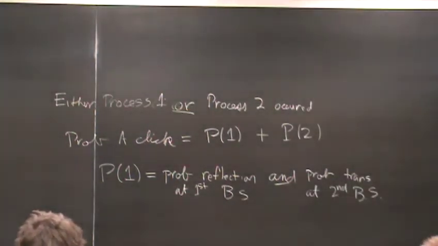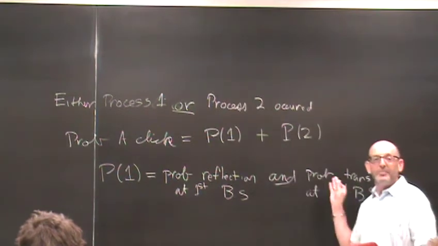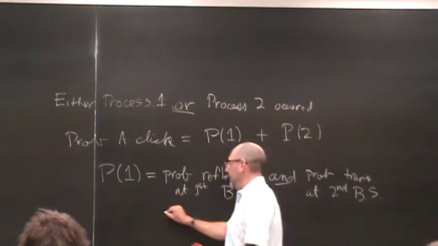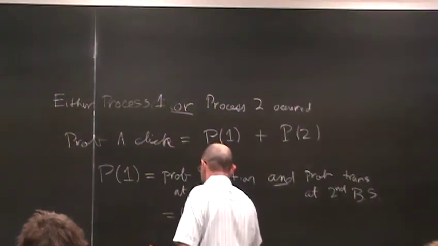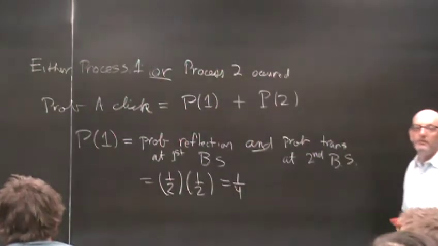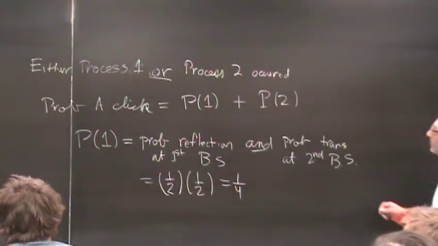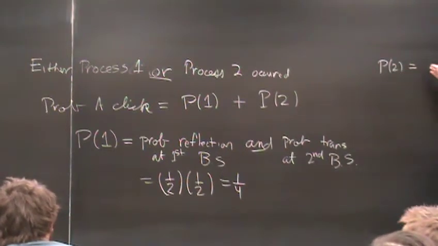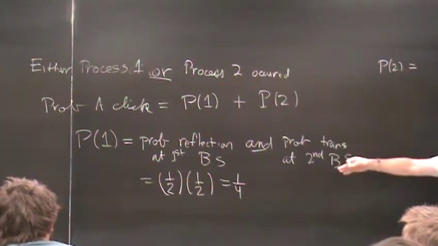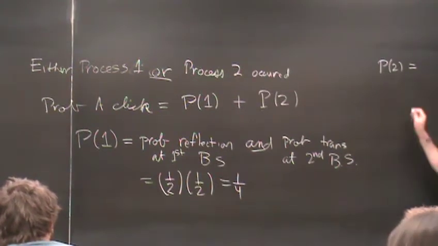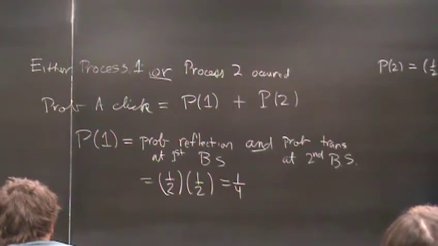And how do you combine those probabilities? You multiply them, right? So in this case, there's a half and a half, or a quarter. Okay? And the probability for process 2 happening is the same kind of thing. It's the probability of transmission at the first, and then reflection at the second. And so that's a half times a half, which is a quarter.